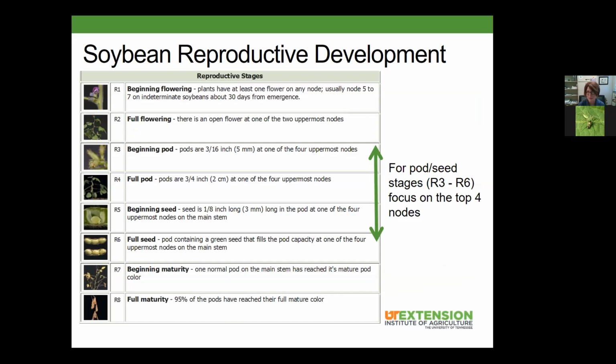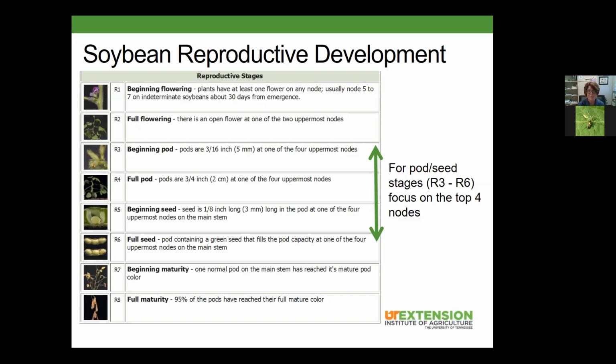So that would be considered the time frame for a full season soybean. Usually for a full season bean, you're looking at almost 2.5 months for vegetative growth and the blooming, through R2, and then roughly 3 to almost 3.5 months for setting those pods, filling the seed, and then maturing that crop out.